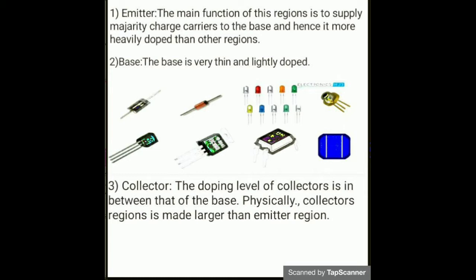Second, base. The base is very thin and lightly doped. Third, collector. The doping level of the collector is in between that of the emitter and base. Physically, the collector region is made larger than the emitter region.